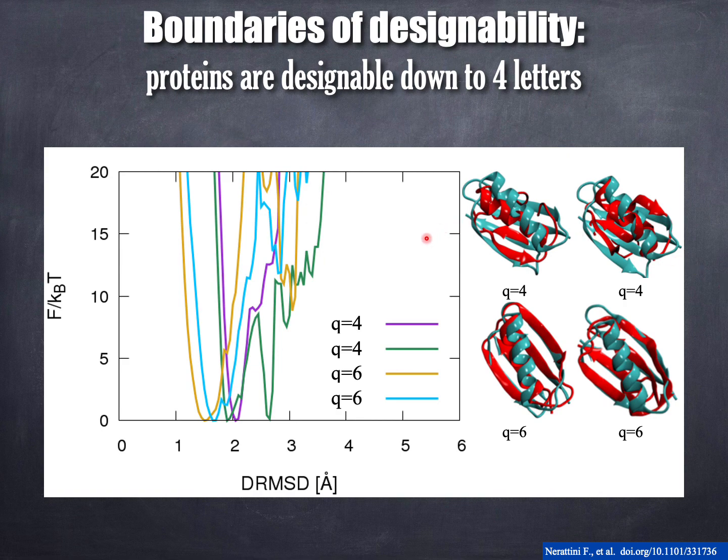This result will come out important later, but it is also interesting already in itself, because it shows how you can use a simple coarse-grained model to test fundamental questions about protein evolution and hence effectively the evolution of life.